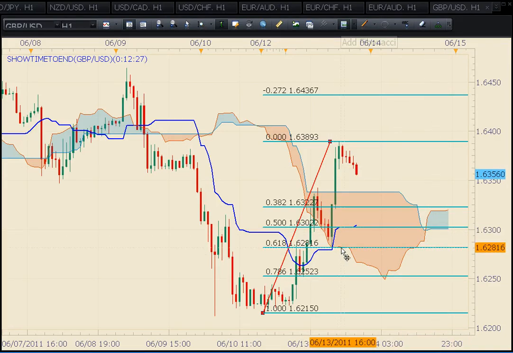And then you see this 61.8 lines up with this Kumo flat bottom right here. And then the whole move, a 78.6, is pretty much at the bottom of the cloud. Okay, so you see those levels pretty much lining up. The 38.2 retracement level is pretty close to this Kumo right here, but this 50% is the one that you're going to see hitting pretty much smack dab on all the retracements. Okay, let's go to another chart.